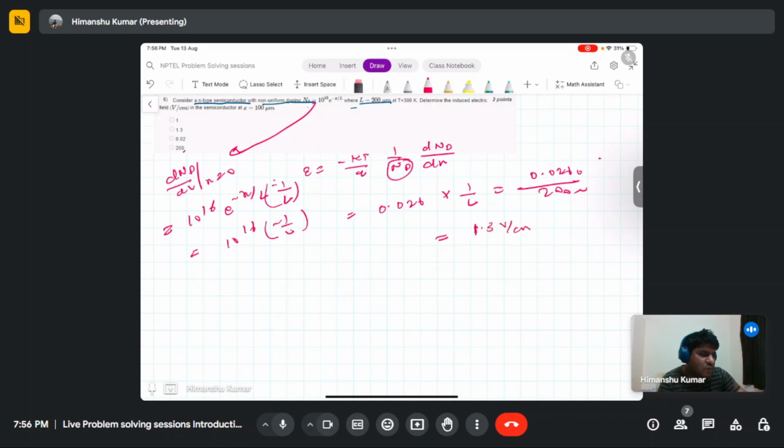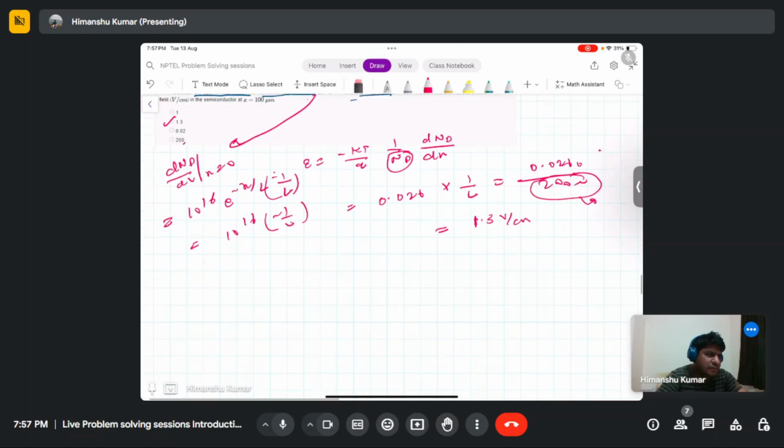The upper unit is in volt, and this is 200 micron, which we can convert into centimeter and then calculate the final answer. So the correct answer will be 1.3 volt per centimeter. If there are any doubts in this, then we can discuss.